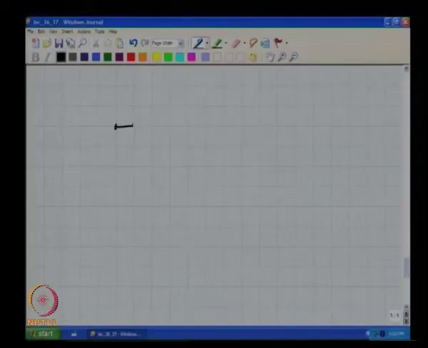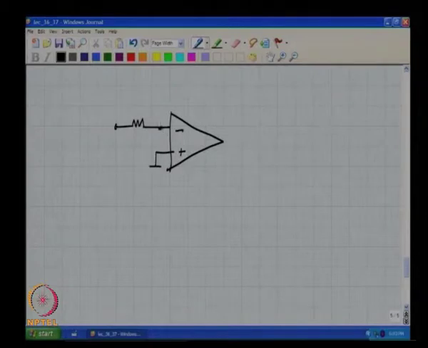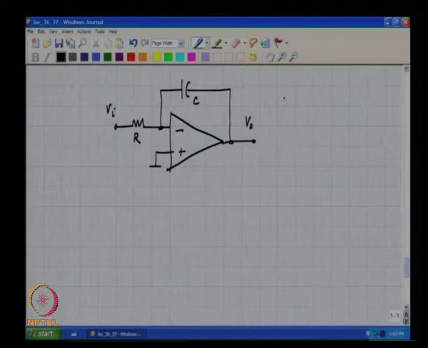From your earlier classes you have probably seen this as an example of an integrator. If the op amp is ideal, Vo by Vi is nothing but minus 1 by SCR.